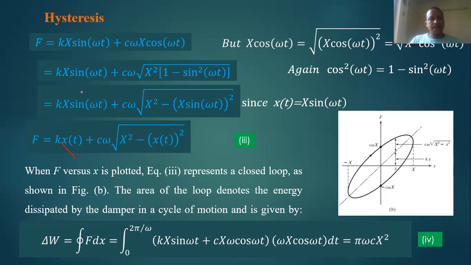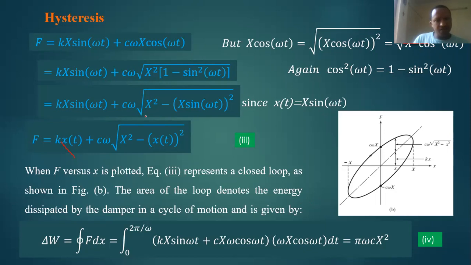So finally, kx sine omega t plus Cω X square times 1 minus sine square omega t. Now look, this is still the same.